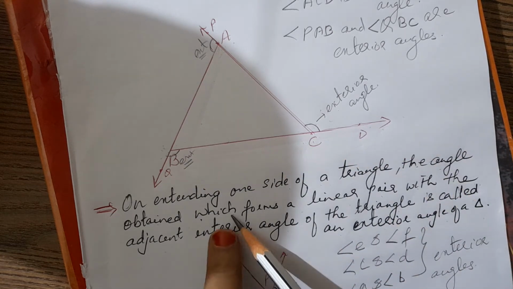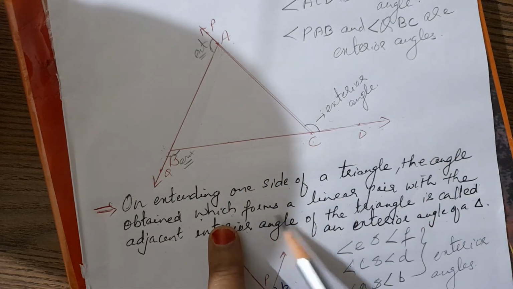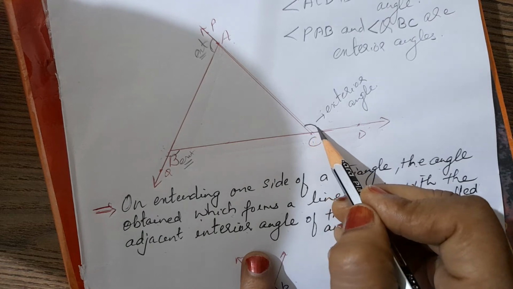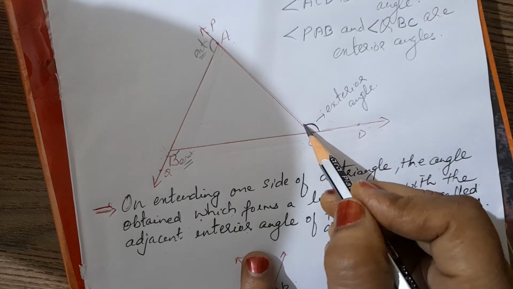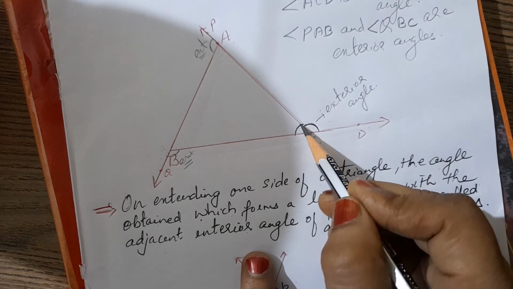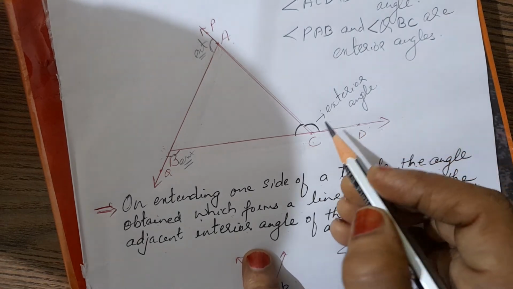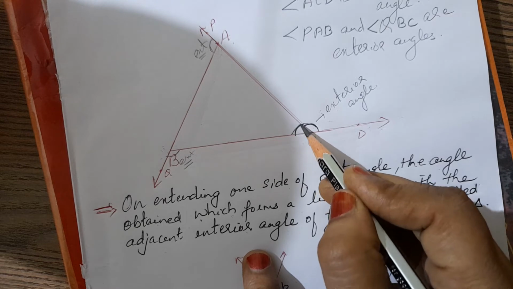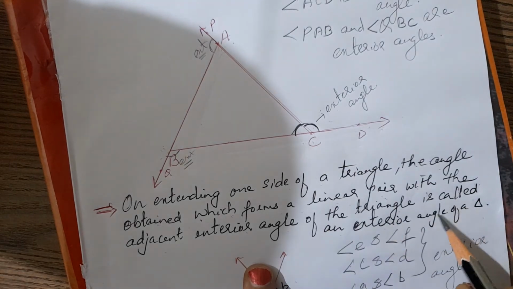The angle obtained, that is ACD, forms a linear pair. You can observe that this angle ACD is forming a linear pair with this adjacent interior angle of a triangle, correct? So it is called an exterior angle of a triangle.